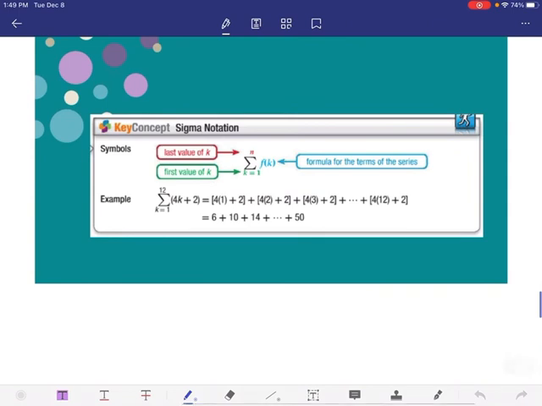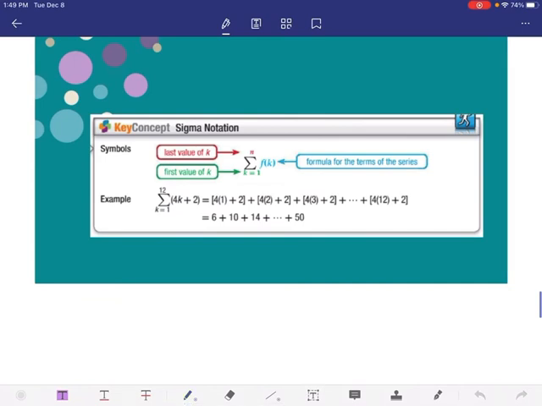Alright, so sometimes when we're looking at a series, it's going to give it to us in summation notation instead. So basically what this does is the number at the bottom is going to be the starting value. The number at the top is going to be the ending value.